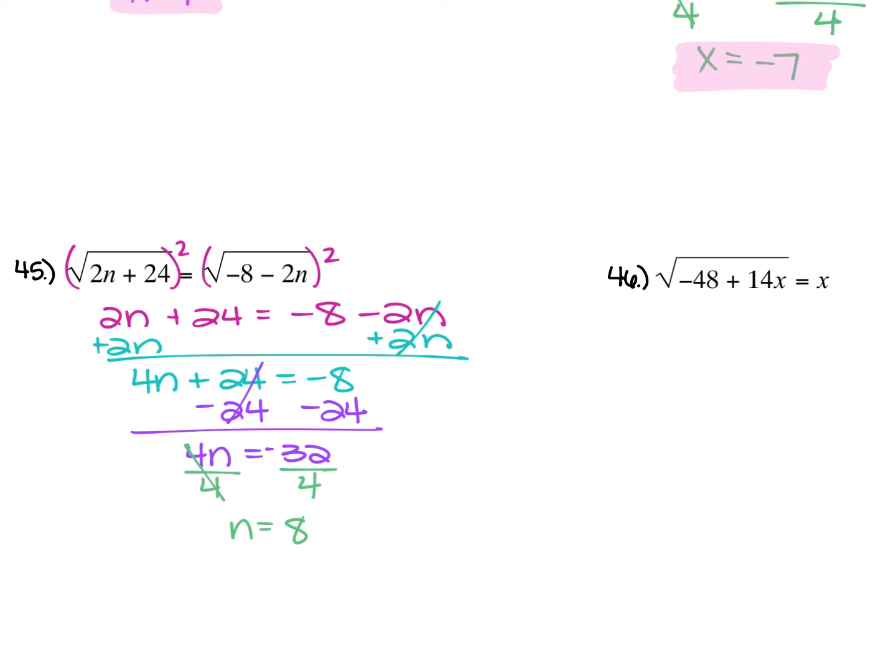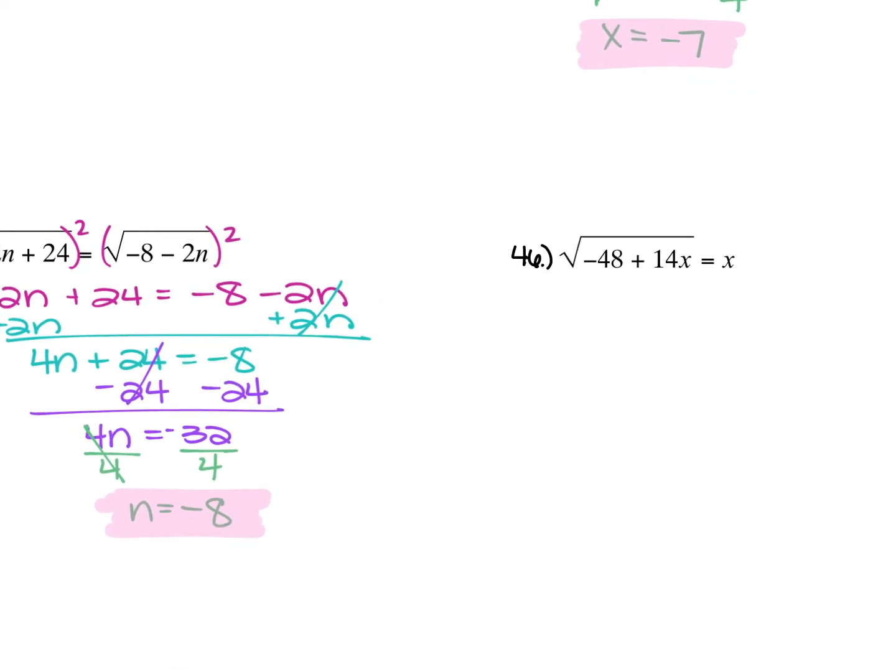No, this is a negative 8, I'm sorry. This is negative 8. So let's erase this so that way it looks right. So try that. 2 times negative 8 plus 24 is the square root of 8. The negative 8 minus 2 times negative 8 is also the square root of 8. So this one works.